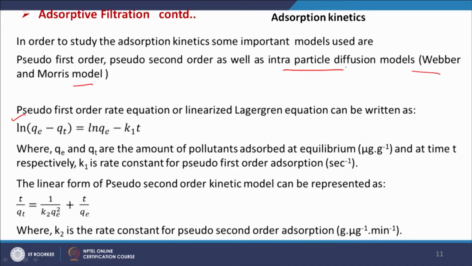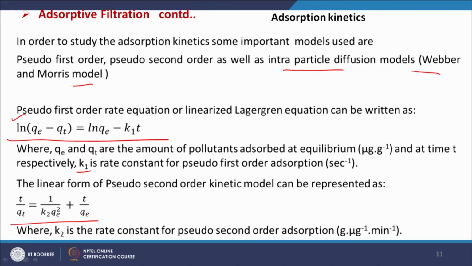The pseudo first order model expression is like this. Here K_1 is the rate constant, Q_e is the equilibrium specific uptake and Q_t is the specific uptake at any time. For the pseudo second order kinetic model, the expression is like this. In both expressions we have one rate constant, and the other is the Q_e value, which we can calculate.